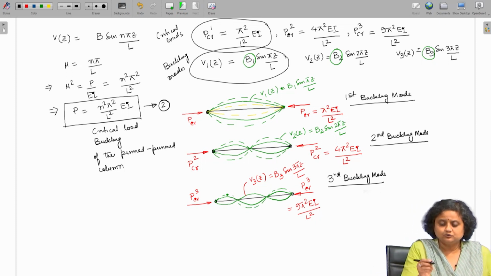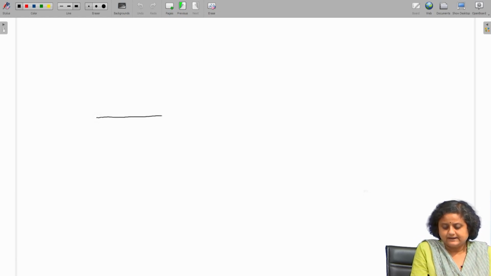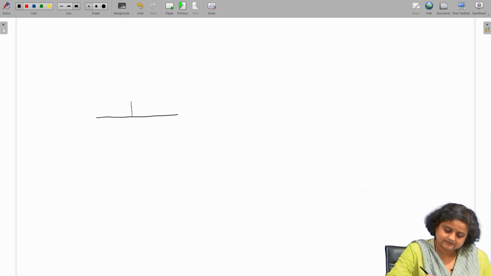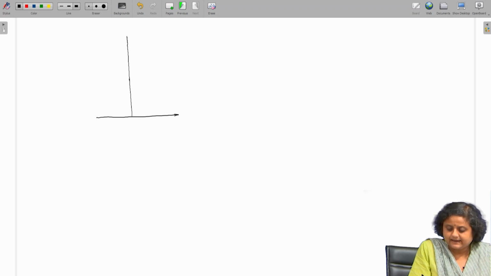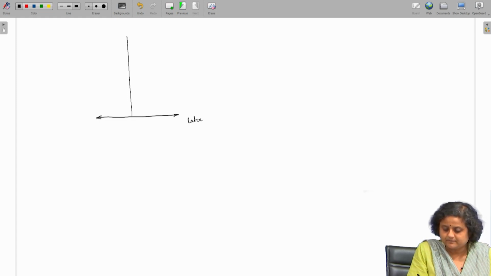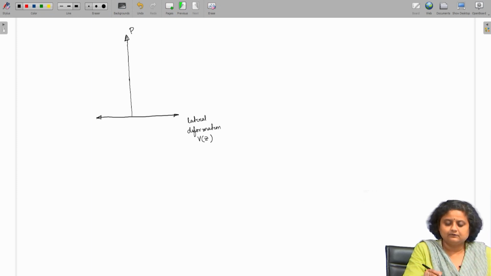Now, we can also explain this whole thing in a different way. So, let us plot this figure. On the x axis, let us plot the lateral deformation V z, and on the y axis, let us draw the force, which is the axial compressive force.